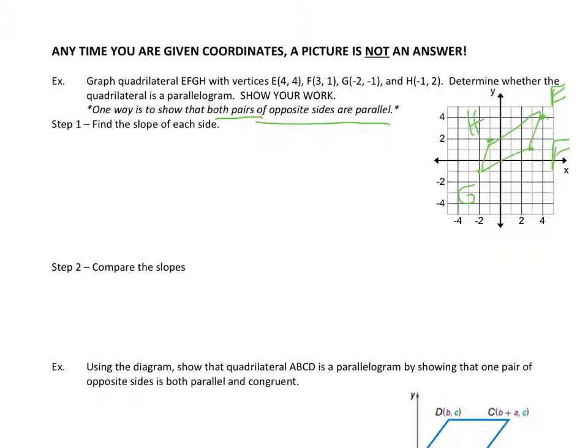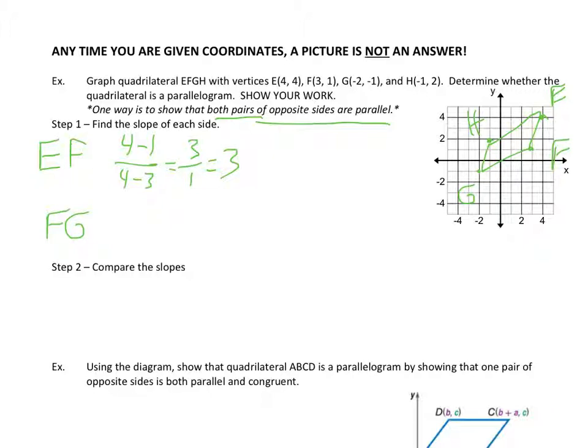So we're going to take EF and we're going to find the slope. We're going to say, remember subtract the y's on top, 4 minus 1 over 4 minus 3, which ends up being 3 over 1, which is 3. Now we're going to find the slope of FG, the next segment.